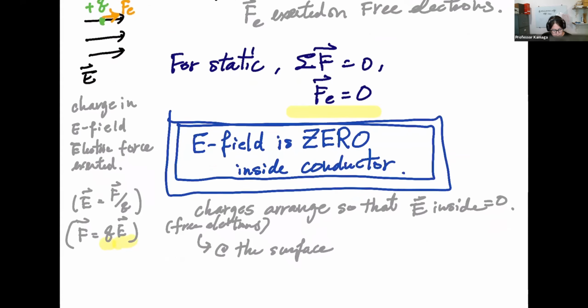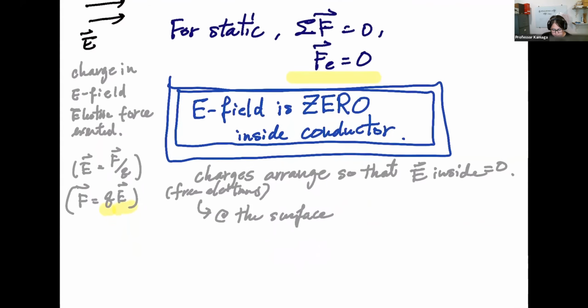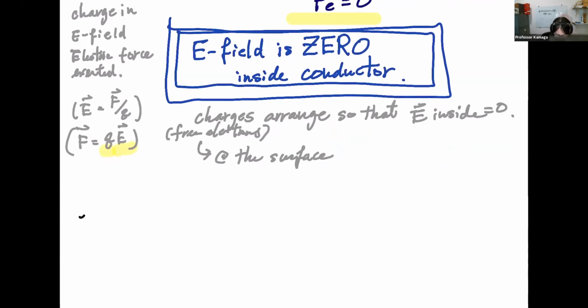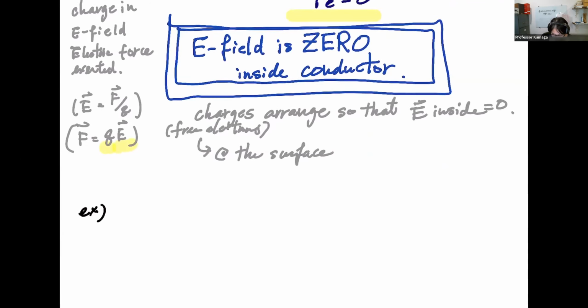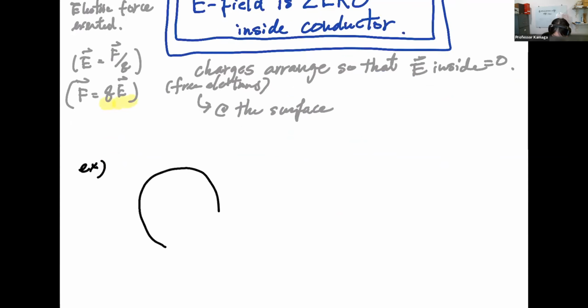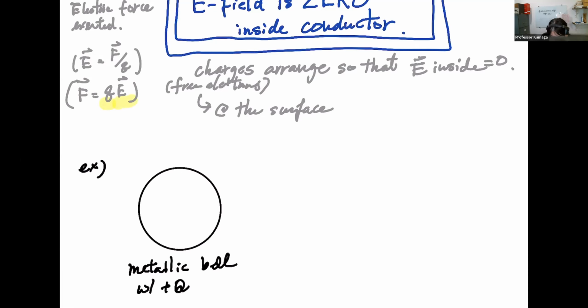So for example, let's say you have a metallic ball, a metallic sphere with plus Q charge.